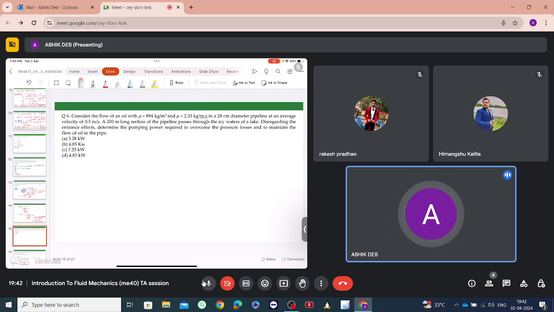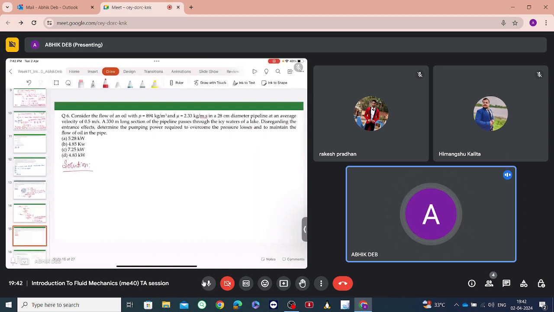So for this we have to make a few assumptions before we reach this expression from the Navier-Stokes equation.